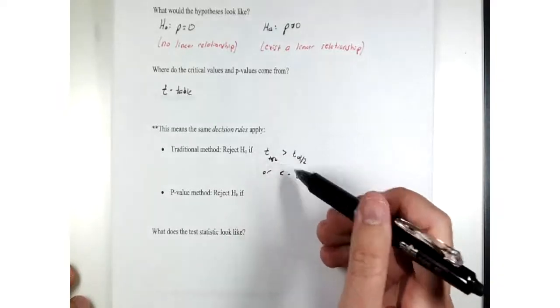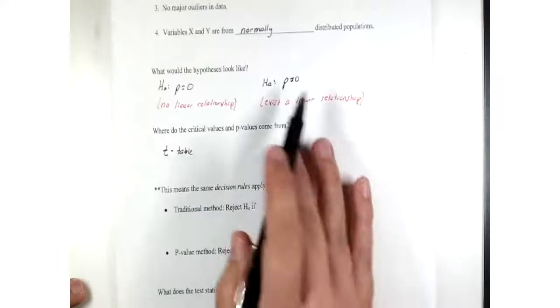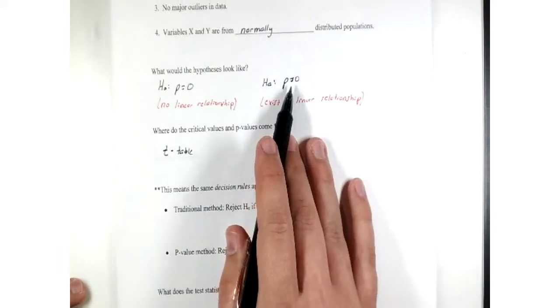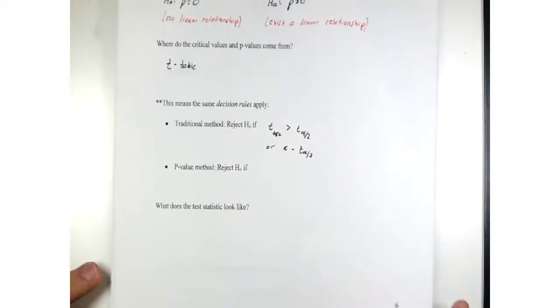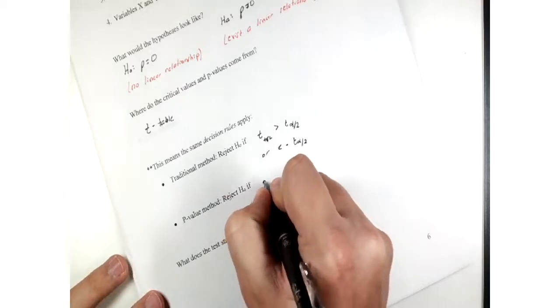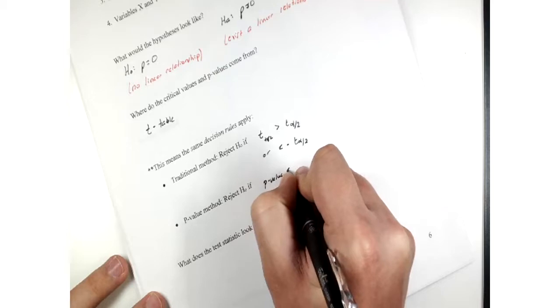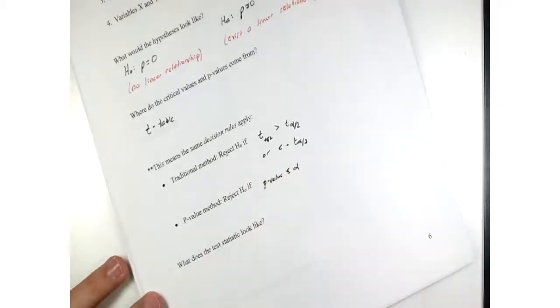And does everyone know why there are two critical regions? Because the alternative is not equal to, so there's going to be a lower one and an upper one. So that's why there's two critical values there. And the p-value method is always reject the null hypothesis if the p-value you get is less than or equal to the corresponding alpha that the problem gives you.